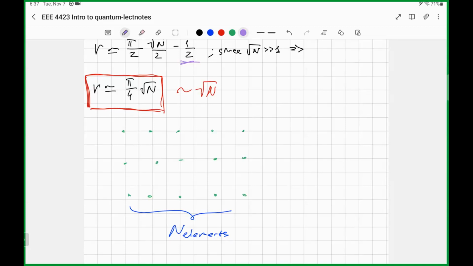The easiest way to search for the element we need is just checking all these elements one by one.